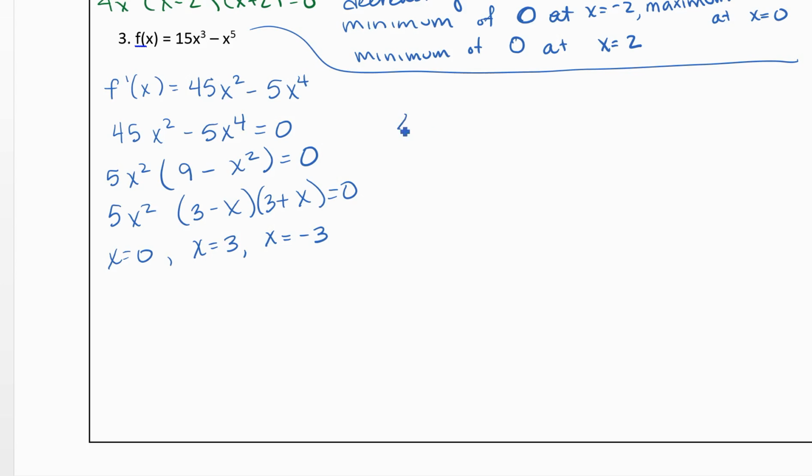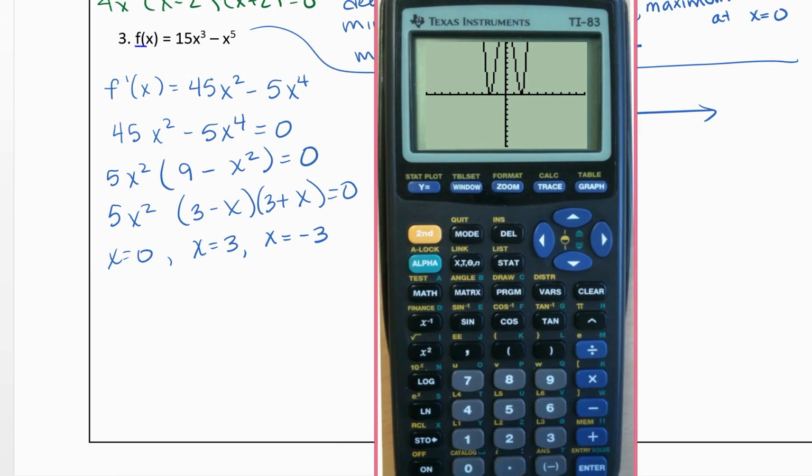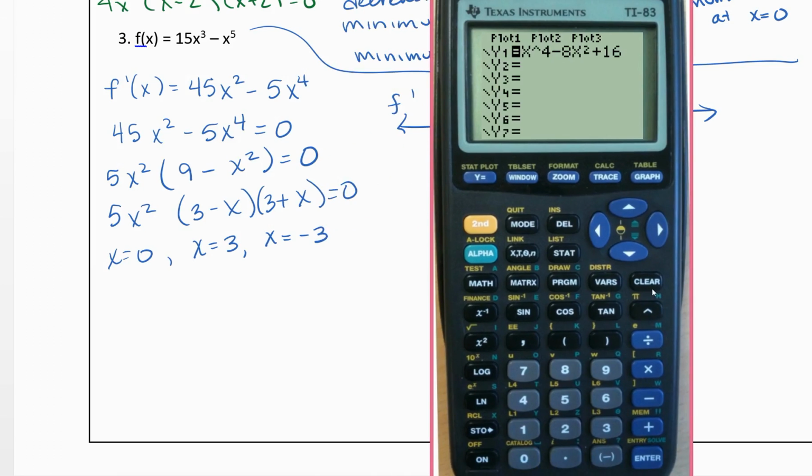So I'm going to make our first derivative sign chart. Okay, so let's pull out our calculator. We're going to put our first derivative in here, so that's 5x squared minus 5x to the fourth.